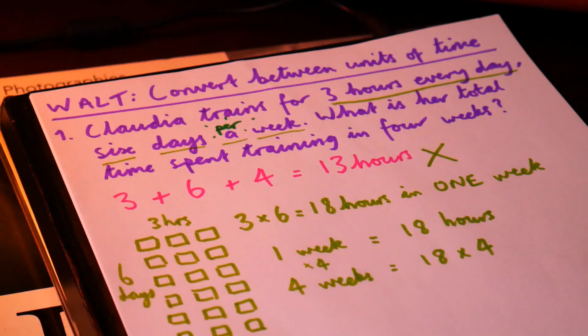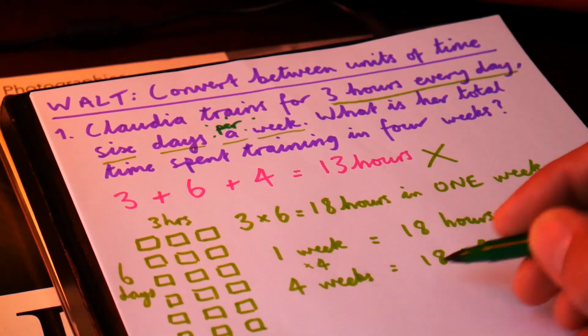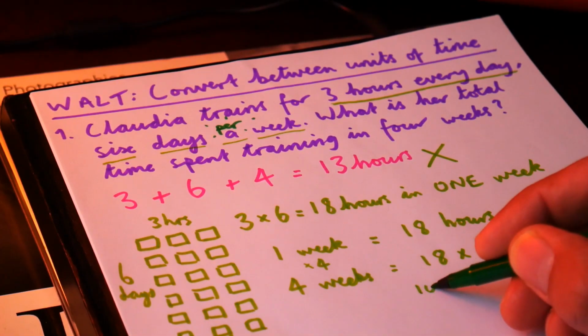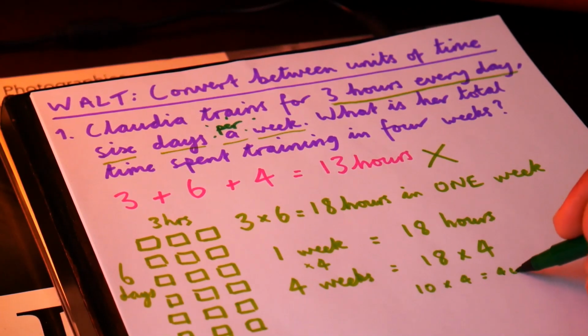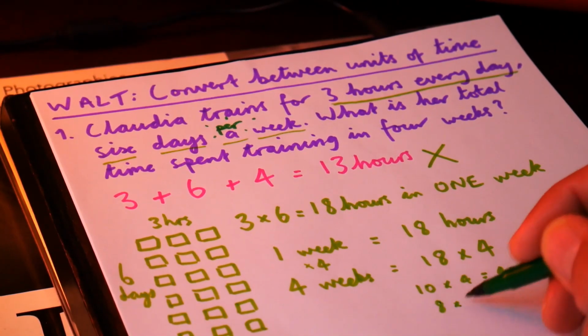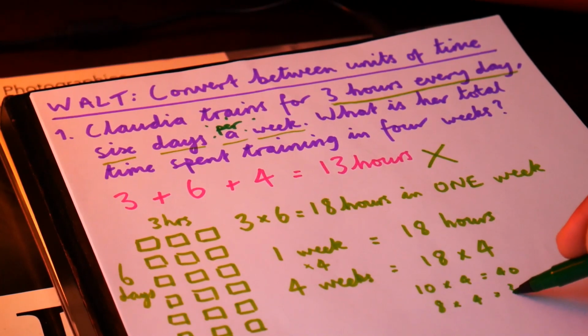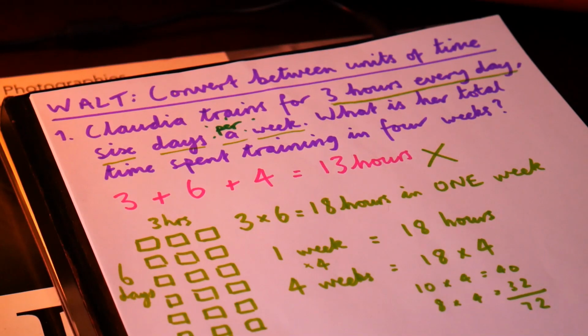But let's show that in a couple of other ways. Let's do partitioning, which you just did mentally, but there we go. 10 times 4 is 40, and 8 times 4 is 32. Add them together, 72. And just for amusement's sake, because I know you love it really, let's do the formal multiplication method.